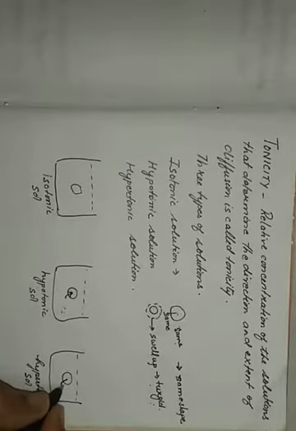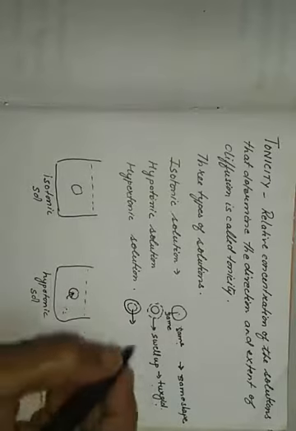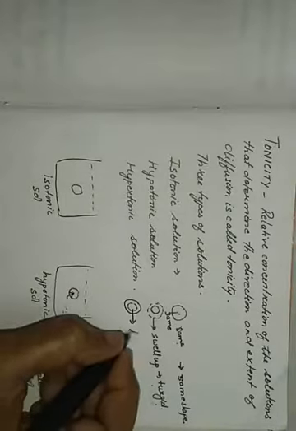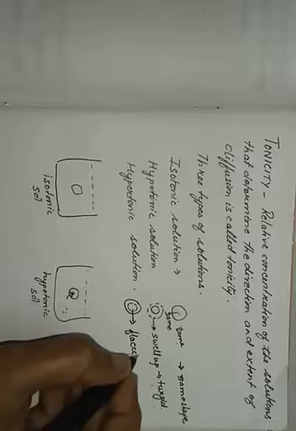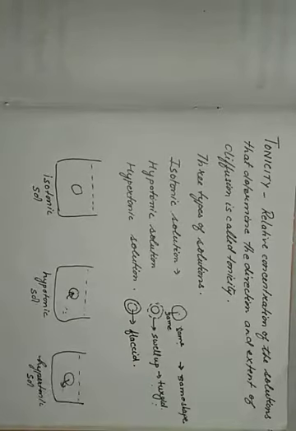So what will happen now? The water molecules will move from higher concentration to lower concentration. Can you imagine? The water is leaving the cell. So the cell will ultimately become flaccid.